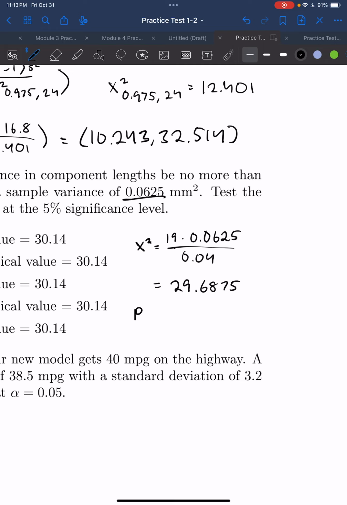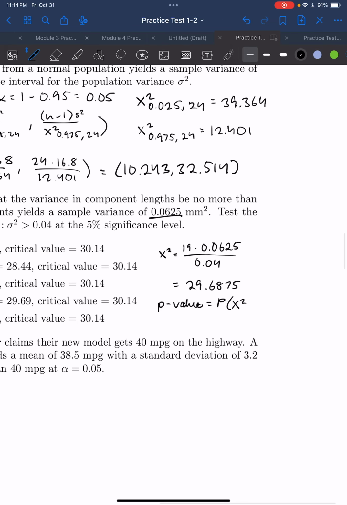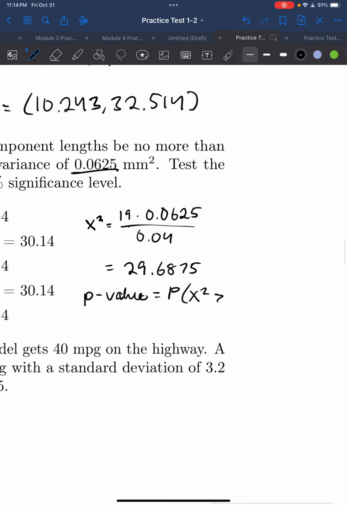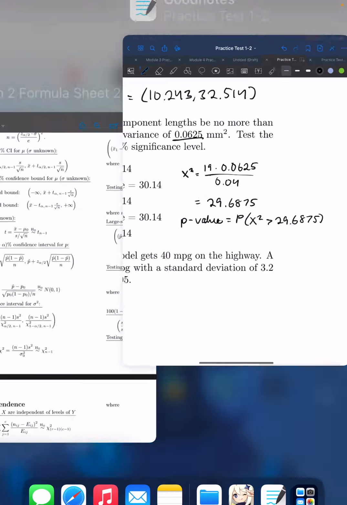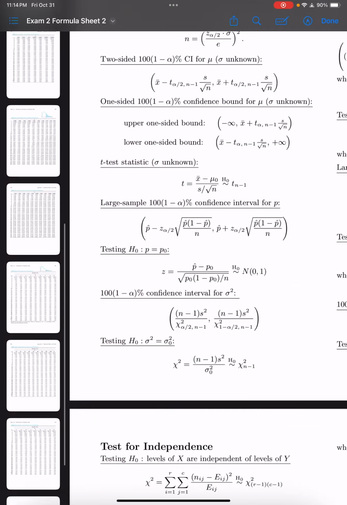So our p-value is going to be equal to the probability that our chi-square value is greater than our 29.6875, and we can look that up on our chi-square table.